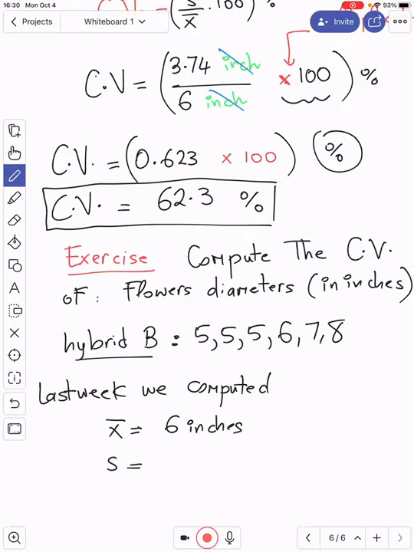And S, the standard deviation of this hybrid B, is somewhere in my notes. I think it's 1.26. Again, this was done last week.